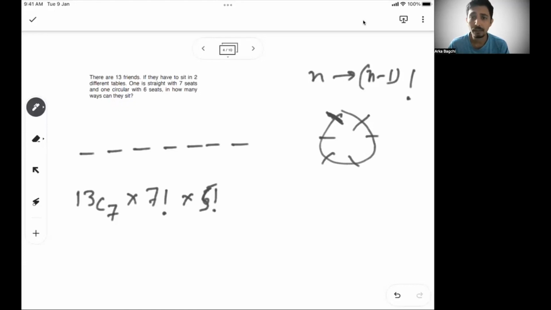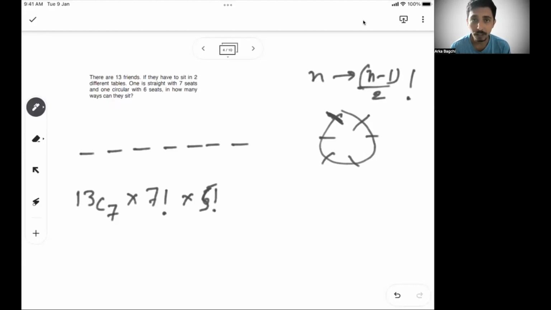Now, if the circular table was symmetrical from both sides, which is not said here, but if it was said, then it would be n minus 1 factorial by 2, (n minus 1)!/2. But that is not said here, that the circular table is symmetrical. Typically, in the case of a ring, when both sides are symmetrical, then it's (n minus 1)!/2, because both sides are the same.